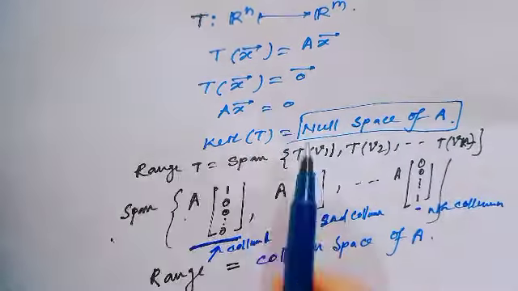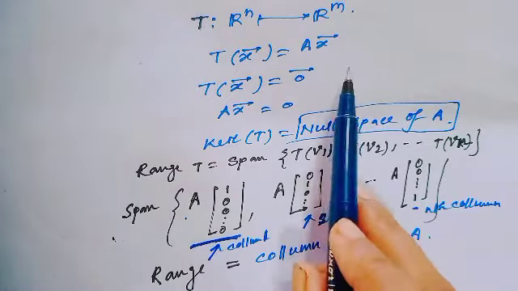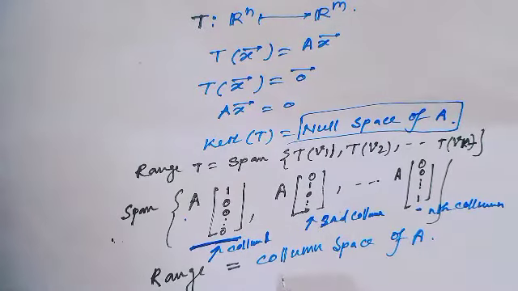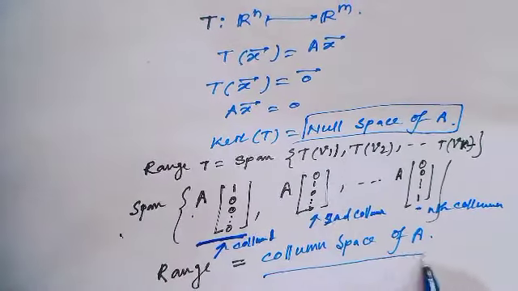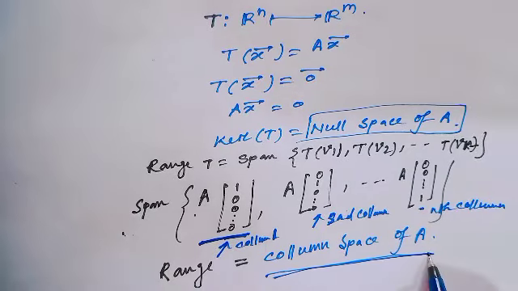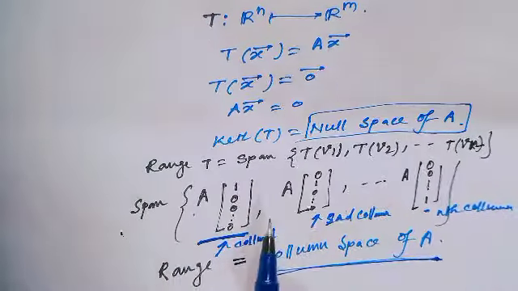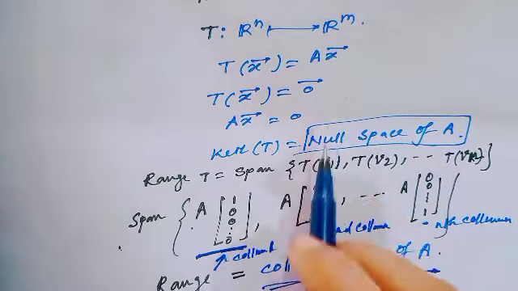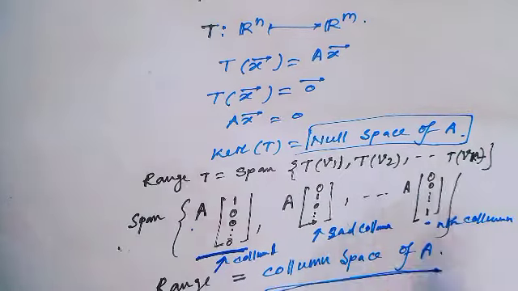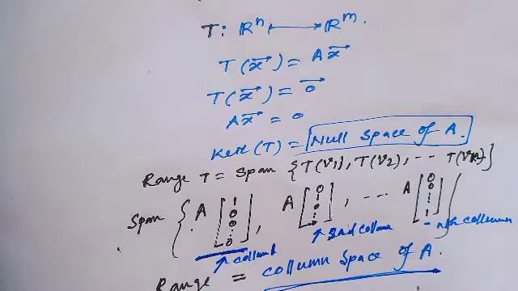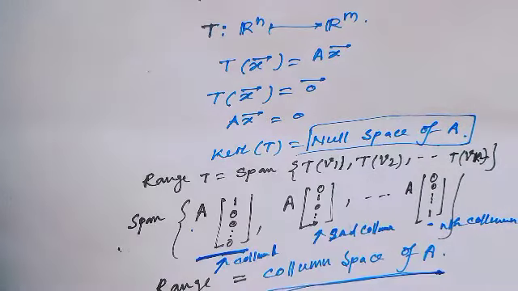Okay, that means the range of this linear transformation is actually the column space of the matrix. Are you getting? That means the kernel of this transformation is the null space of this matrix, and the range of this transformation is the column space of the matrix.